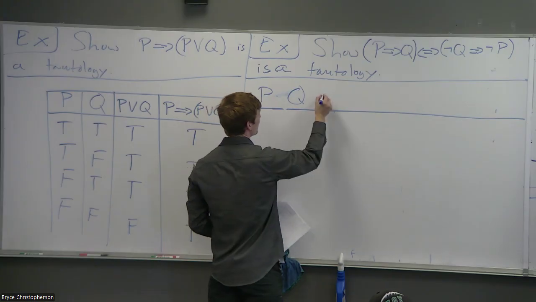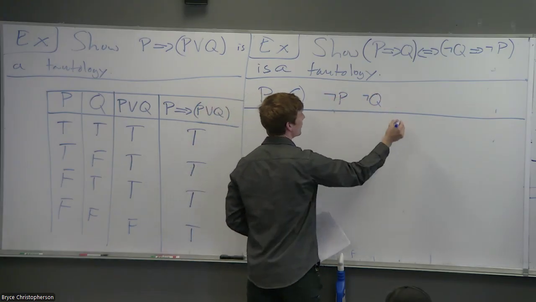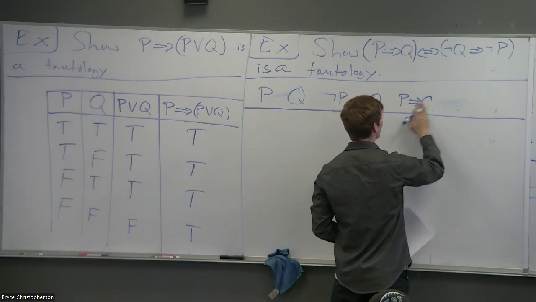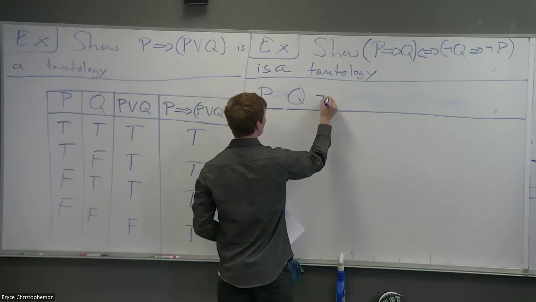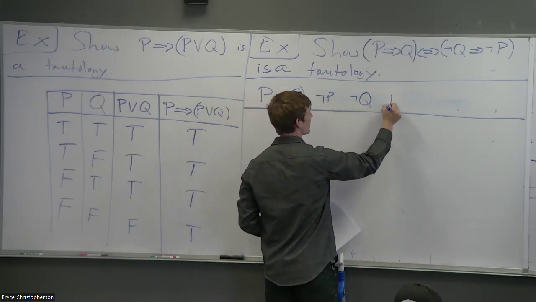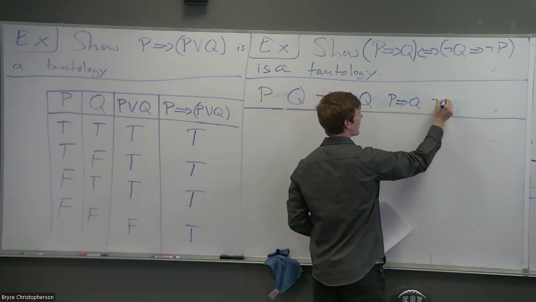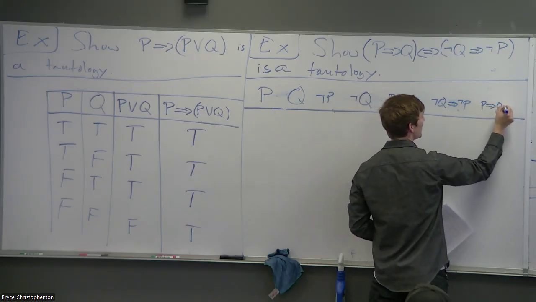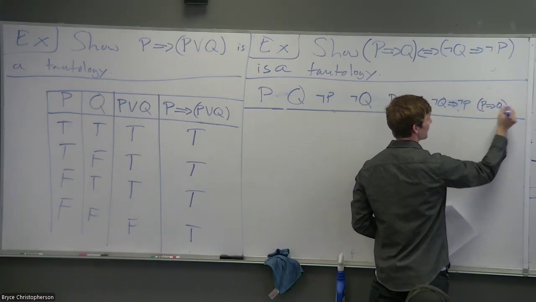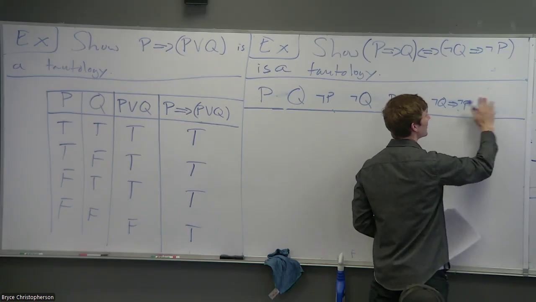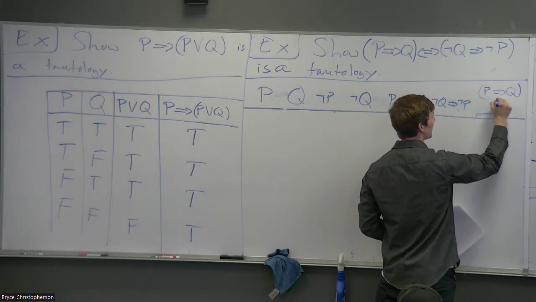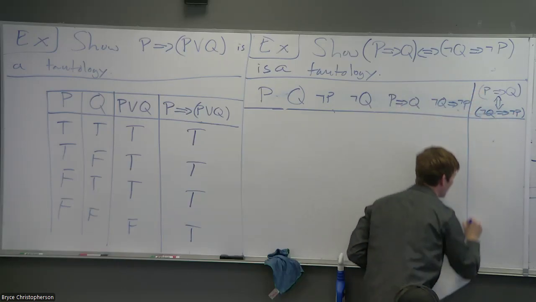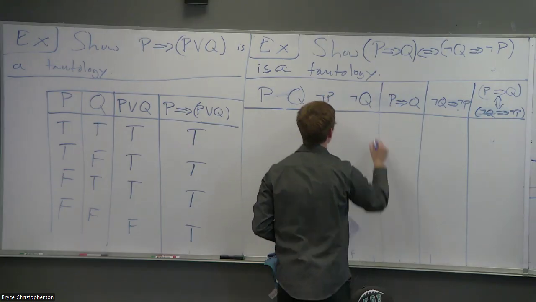P, Q, not P, not Q, P implies Q, not Q implies not P, and then finally, P implies Q if and only if not Q implies not P. The final statement that we hope to get all true values for if we've done everything correctly.